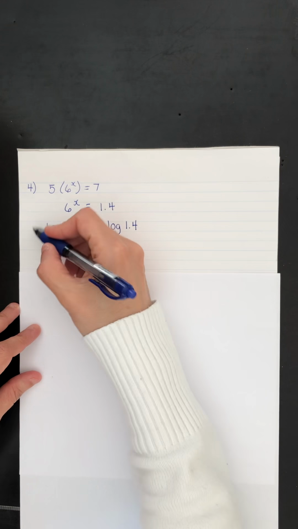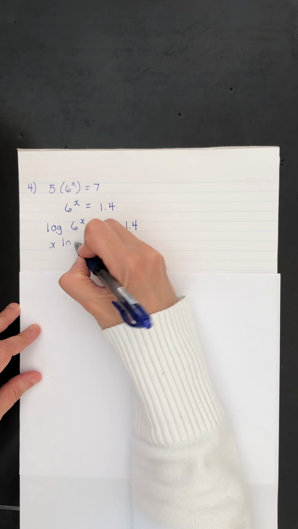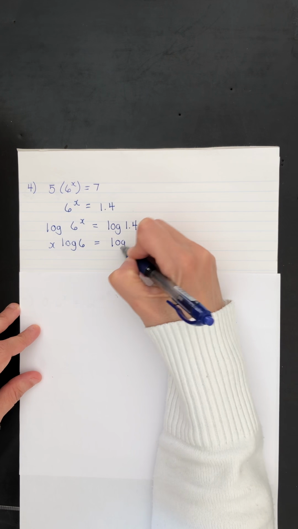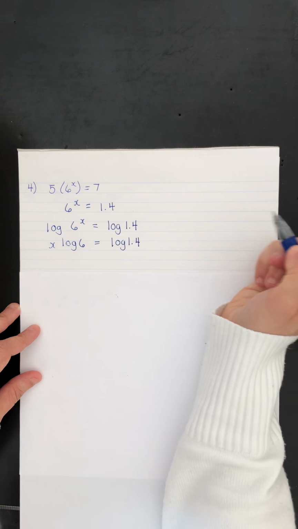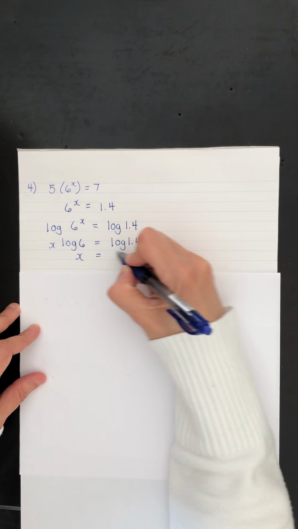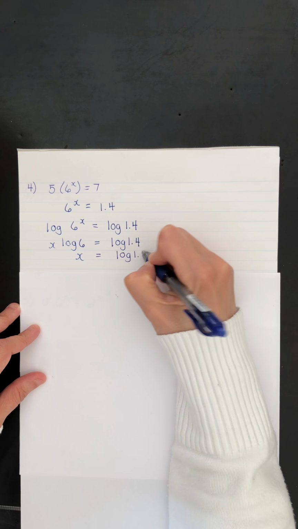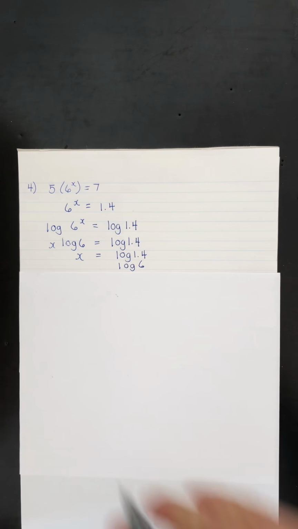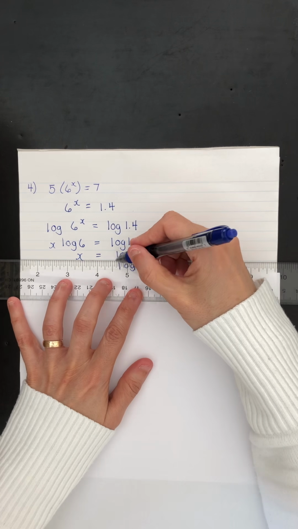Bring that exponent forward. So x times the log of 6 is the log of 1.4. And finally divide. So the log of 1.4 divided by the log of 6 will be our answer.